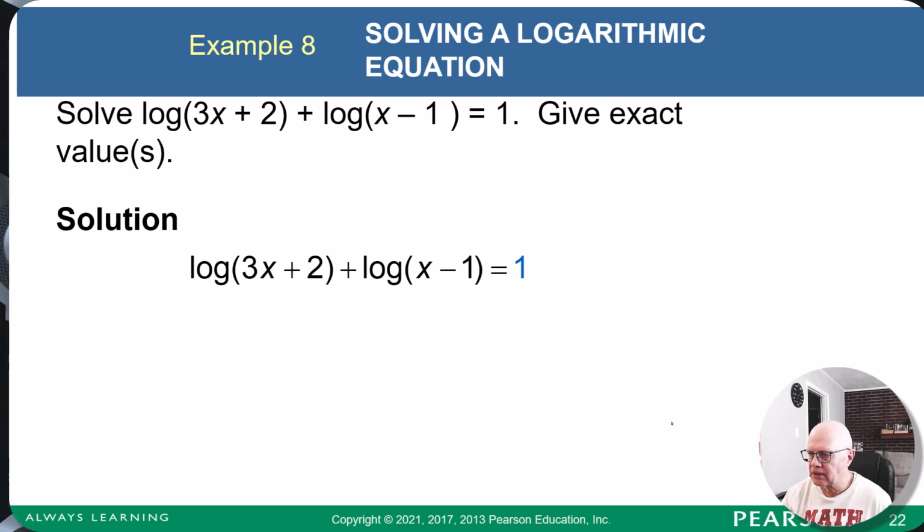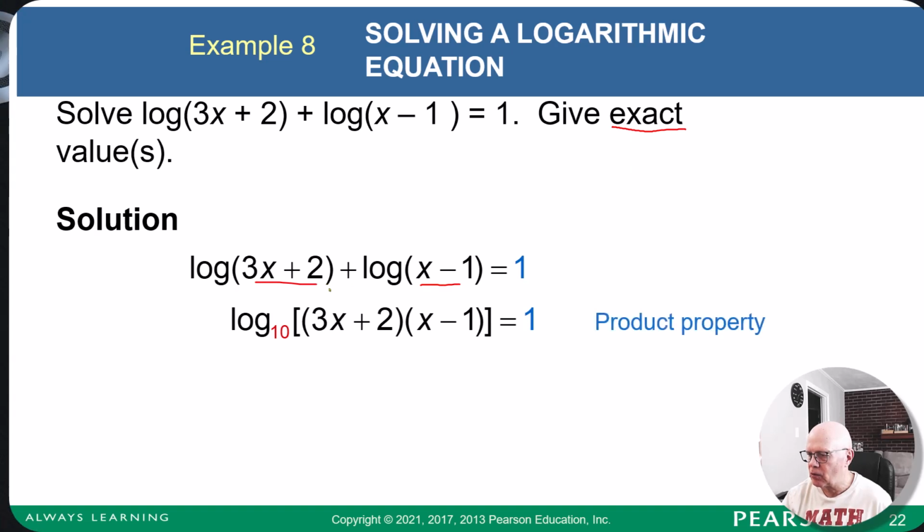Next, we want the exact values. Remember, no approximations here. Now we're adding these, so that means we're multiplying the arguments. So we have this, and since we had just logarithms, it's automatically base 10. It's common logarithms.